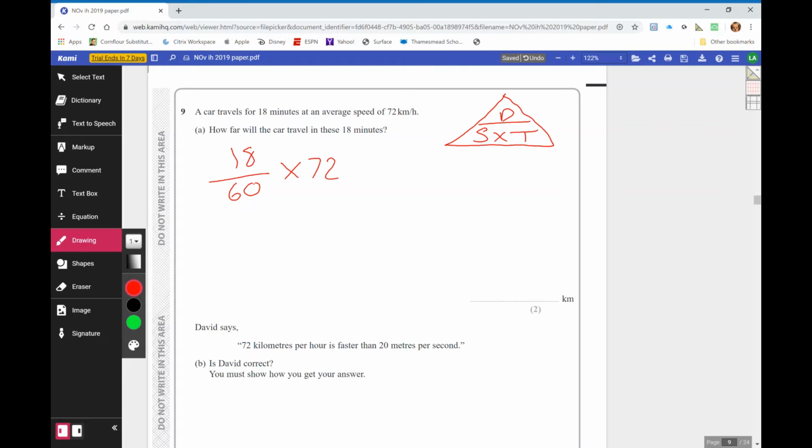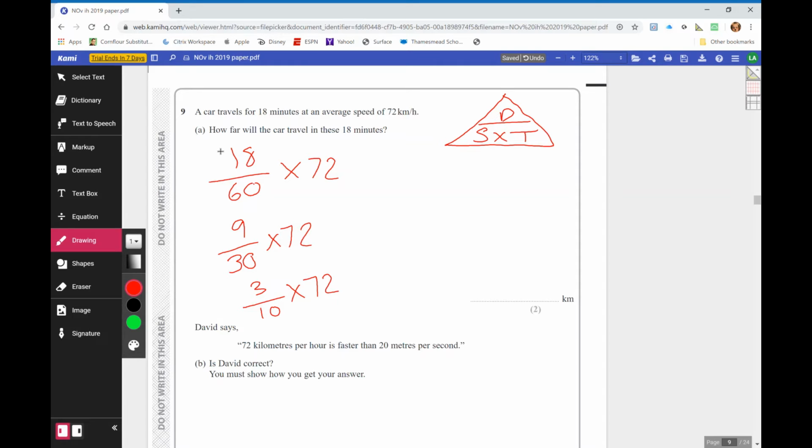Probably the easiest thing to do, obviously you've got more than one option, is reduce this down as a fraction. So 9 over 30, you can see that's exactly the same thing. And then you can divide that by 3, to get 3 out of 10. So it's 3/10 times 72. So that you can do 3 times 72 divided by 10. That might be the easiest way to do it.